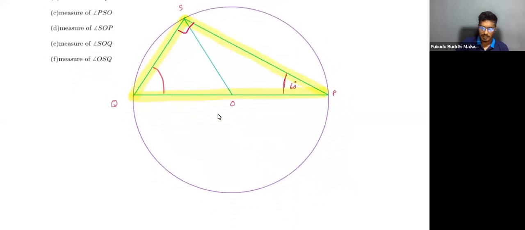Hence, 90 plus 60 plus that unknown angle equals 180 degrees. Solve this for SQP: 150, I can move that to the other side. SQP equals 180 minus 150, that's 30 degrees.